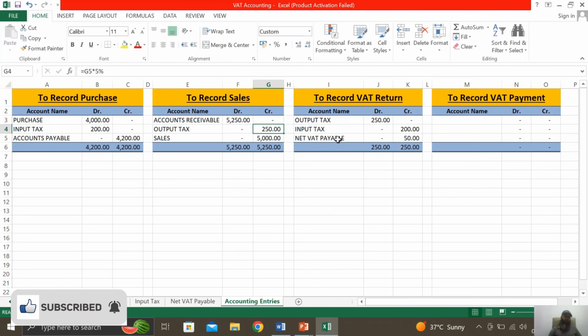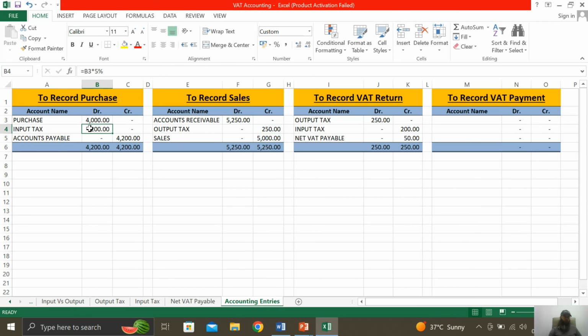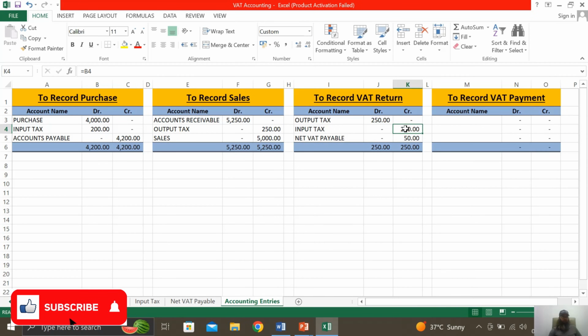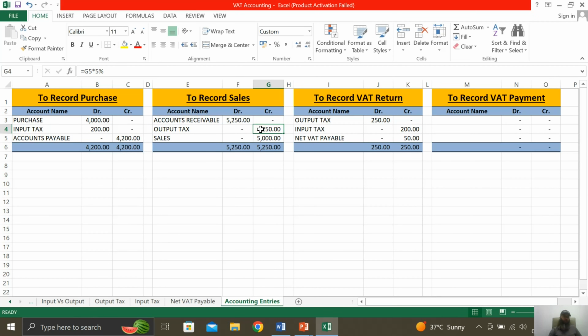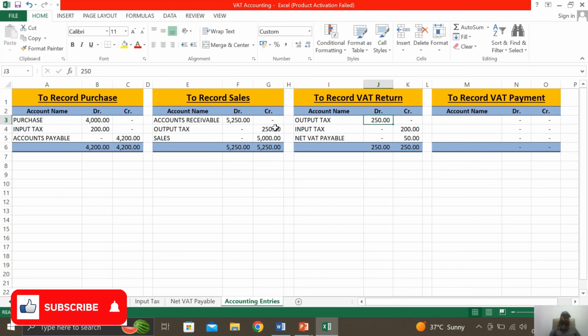On that month end, your ledgers for the output tax and input tax will be 0, because input tax has 200 dirham debit and here we give credit of 200 dirham, so the input tax ledger is 0. Then 250 we have as credit for the output tax, and when we give a debit of 250 dirham, this ledger will also become nil.